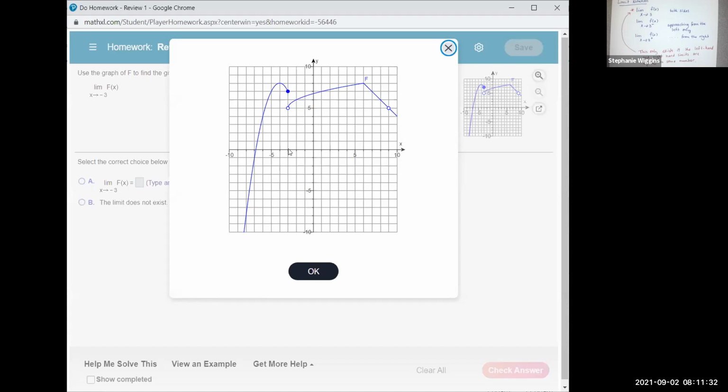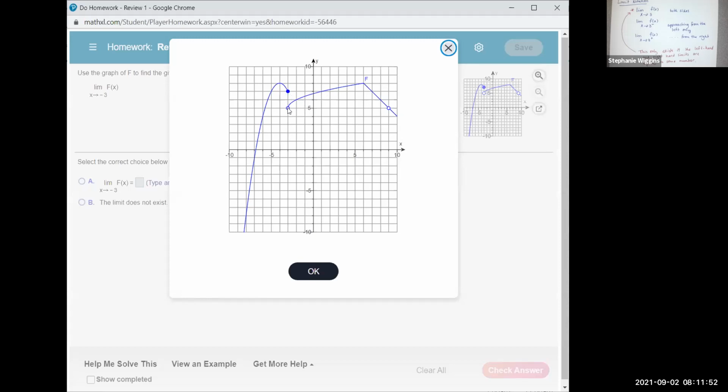However, at -3 on the right, coming in from the right, it's down here at 5. So the left-hand limit is 7, the right-hand limit is at 5. They do not agree. They're different numbers. Therefore, the limit itself does not exist.